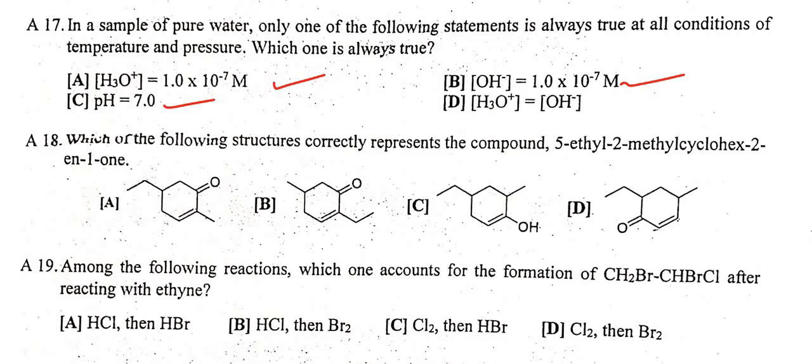So the most correct answer here will be D, because the concentration of the hydronium ions, H plus, and hydroxide have to be the same since it's pure water, very clean, no impurities. The pH we already know is 7 because it's neutral, right? Yes, the more correct answer there would have been D.